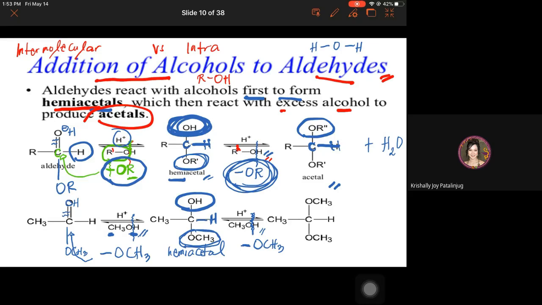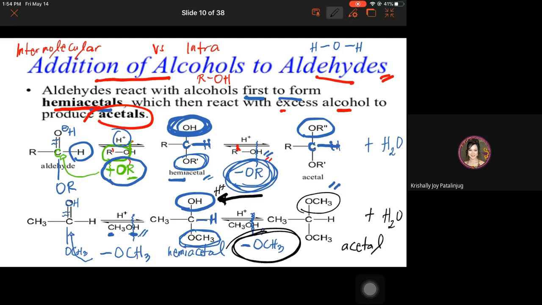What happens? The OH group of the hemiacetal will be protonated. It will be removed in the form of water. What replaces it? The nucleophile being added, the OR, OCH3, the methoxy. So this is already the final product of adding alcohol to an aldehyde, the acetal.